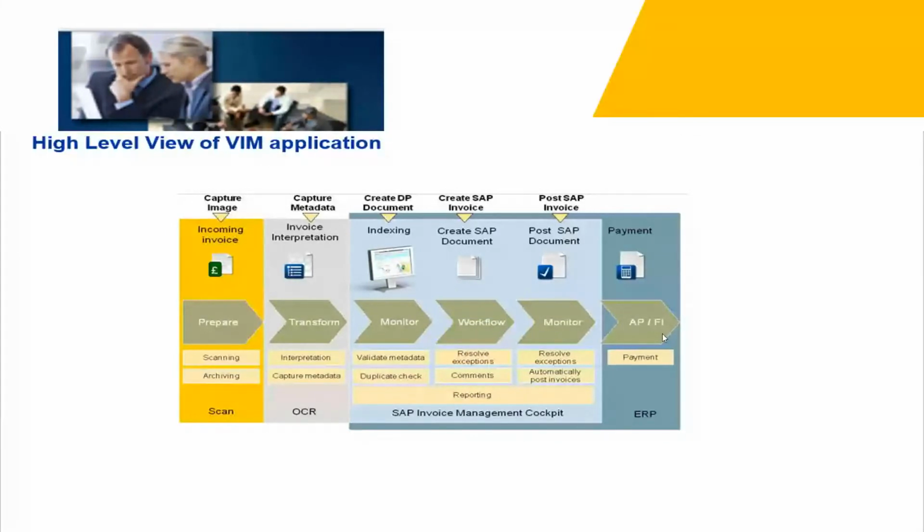Suppose it is scanned, and at that time it will be archived and stored on that archive server. So it is a backup of that initial scanned document. Yes, you can say that.